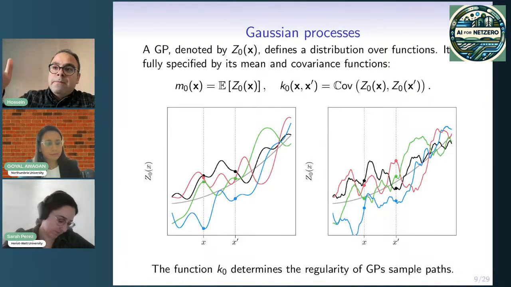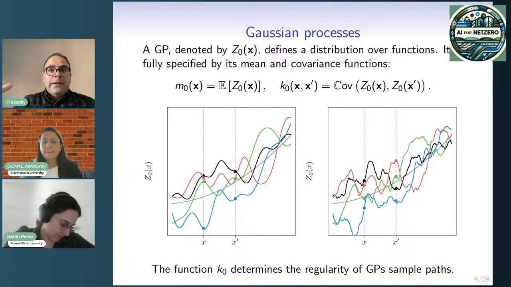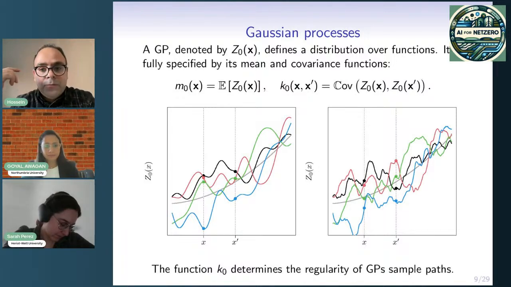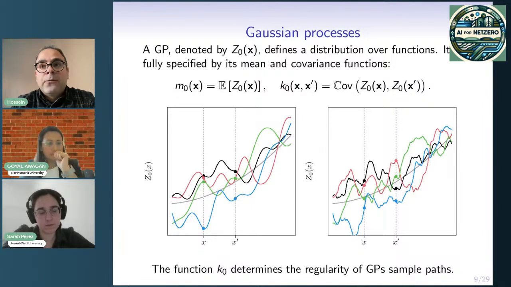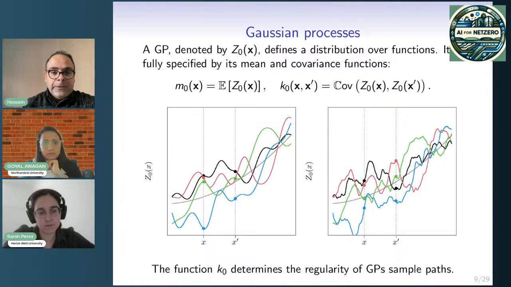At any point we have a normal distribution, and any finite set of Gaussian process values also follows a multivariate normal distribution. These are interesting properties, and we use them in our adaptive sampling methods and other adaptive methods such as Bayesian optimization.